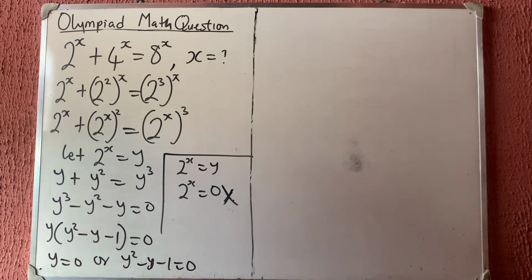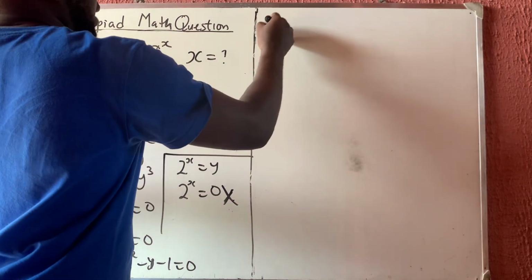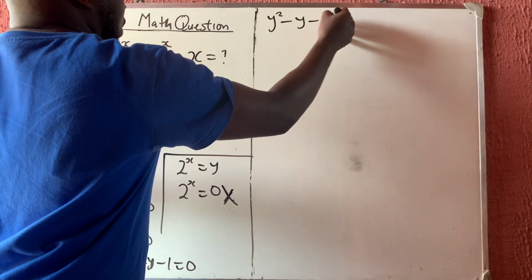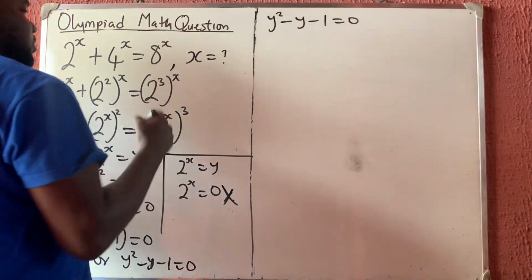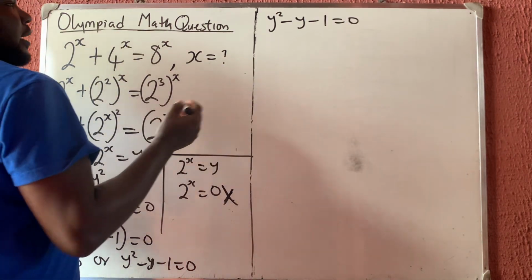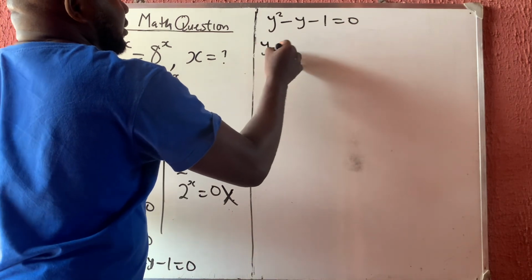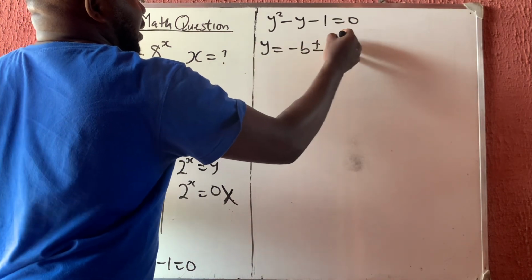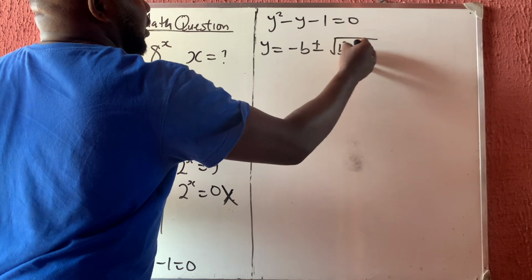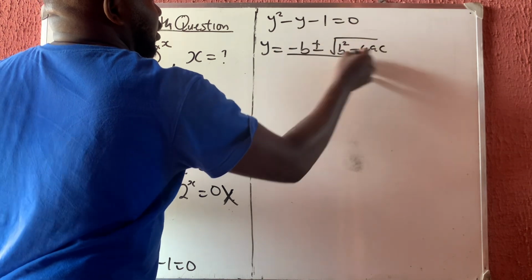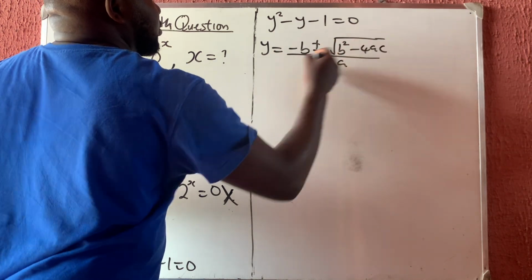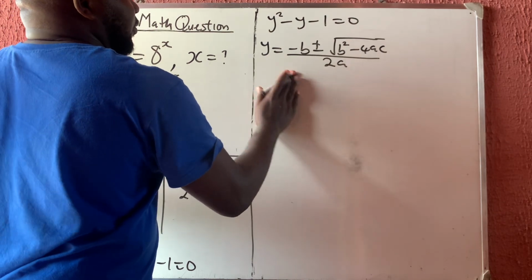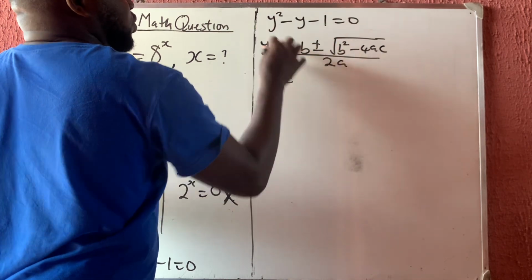So now let us check y squared minus y minus 1 is equal to 0. Let us now solve by the formula method. I have that y is equal to minus b plus or minus the square root of b squared minus 4ac, everything over 2a. My a is the coefficient of y squared, which is 1.